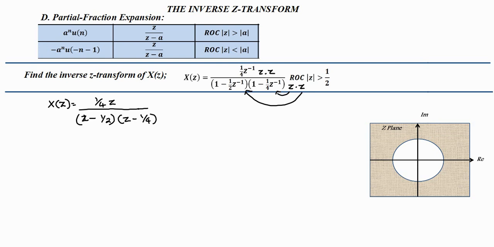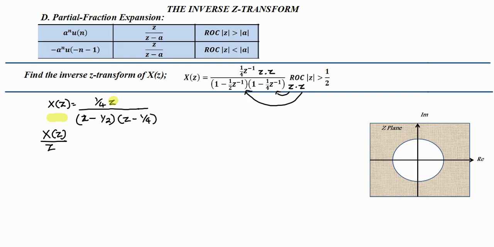Now the z powers are positive, and we need to perform the partial fraction. Before performing the partial fraction, always remember that if there is a z in the numerator, bring that z to the left side. Always do this. Write like this: it becomes X of z by z.